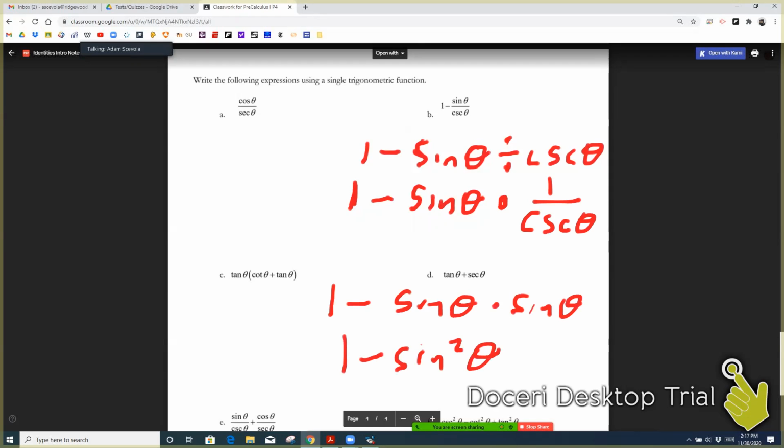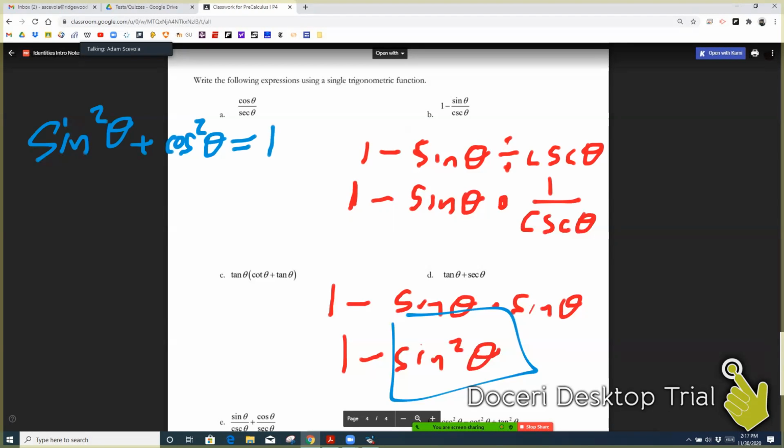Now, anytime you see a trig function squared like this, and you're doing identities, and you're not sure what to do next, use one of the Pythagorean identities. Now, really, this Pythagorean identity is like 3 Pythagorean identities in one.